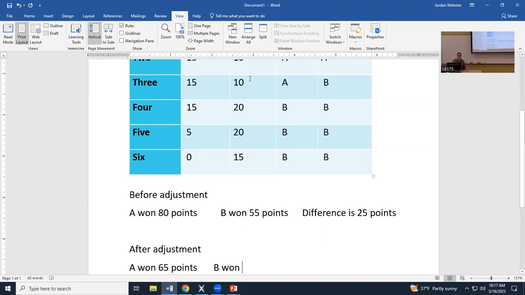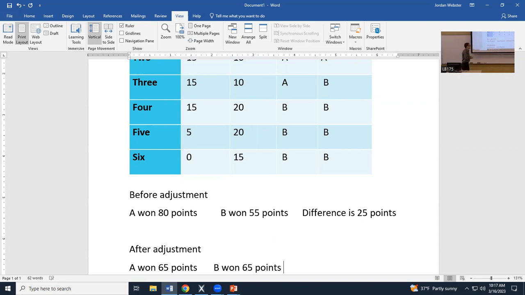And B walks away with 10 plus 20 plus 20 plus 15. And that's also 65 points out of their 100. Everybody get that?